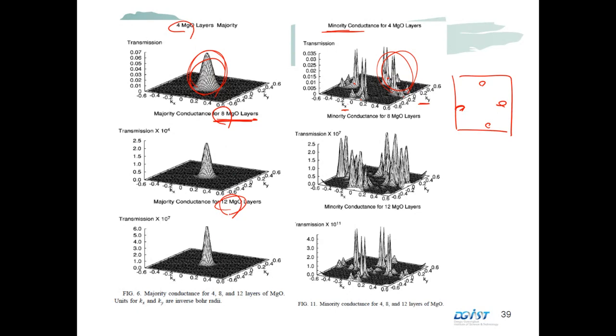If we have a thicker one, this transmission coefficient for the majority band is about 6 something, and for the minority band we have this here. So it's about 4 orders of magnitude difference. So in this thickness, the spin polarization is getting larger, so we have a large TMR.